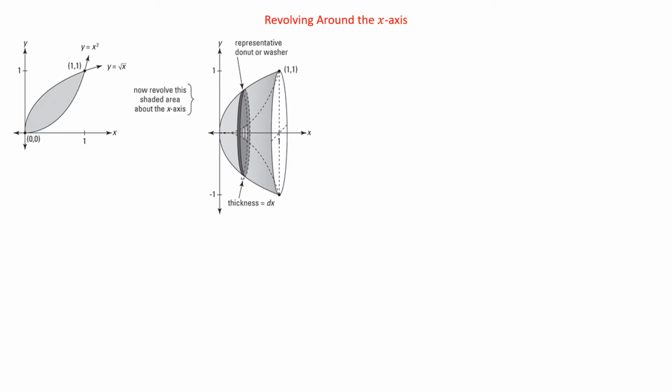Now, sometimes it's nice to have both pictures, but I would always start out with a graph, just the two-dimensional graph, so that you can see what your radii are. Our big radius goes from the x-axis up to that upper function.